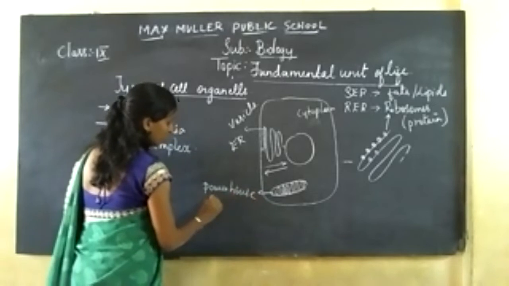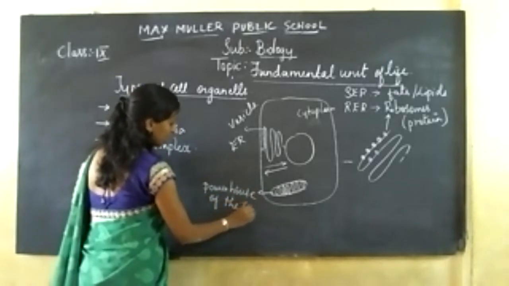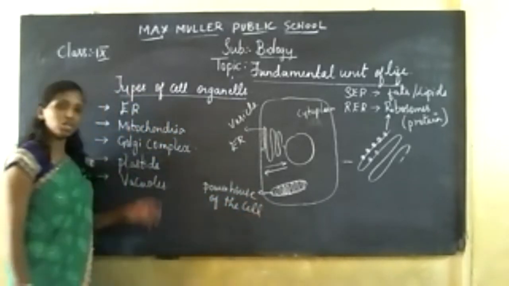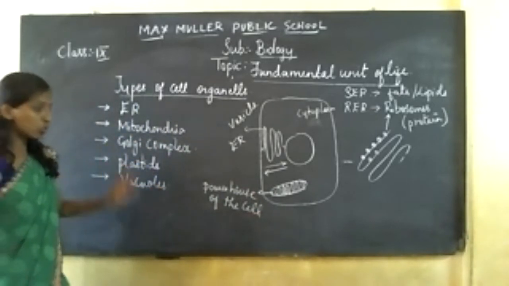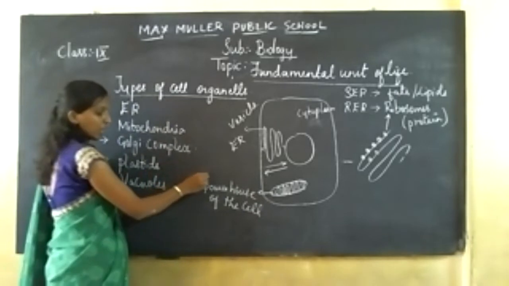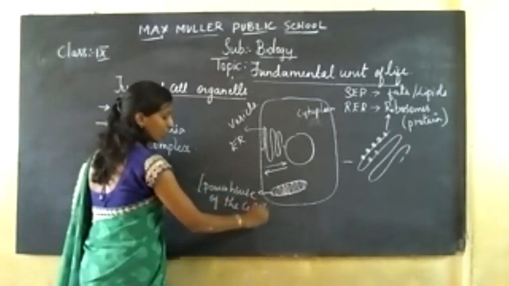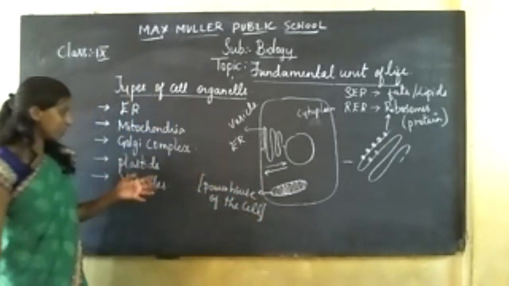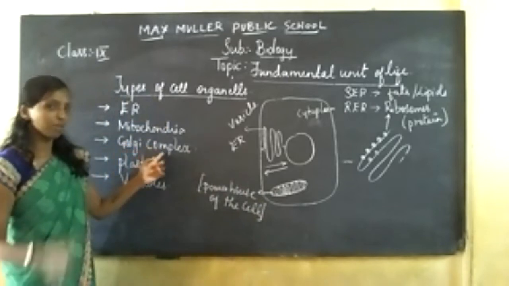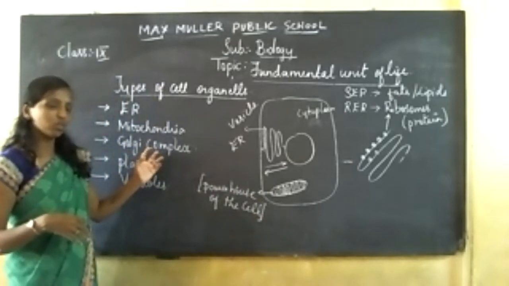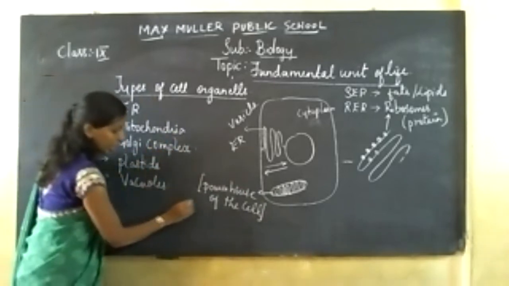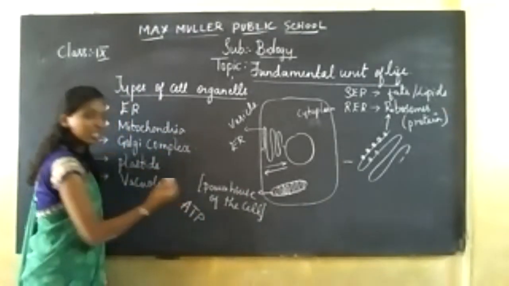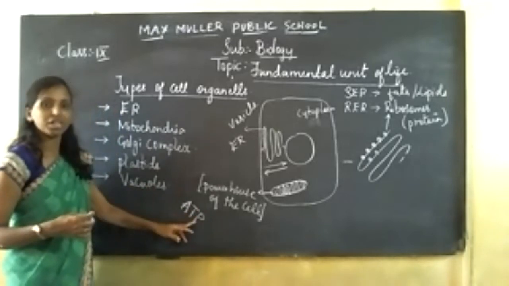Powerhouse of the cell. That means after the synthesis of the protein molecules, the storage takes place in the Golgi complex. I'll come back to that, and that Golgi complex will supply those protein molecules as ATP molecules, the energy currency, adenosine triphosphate.